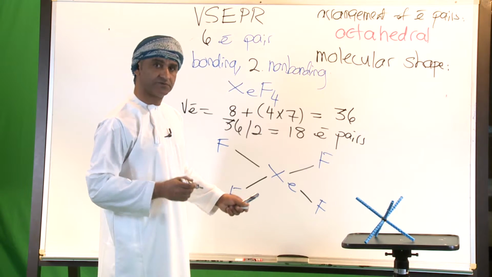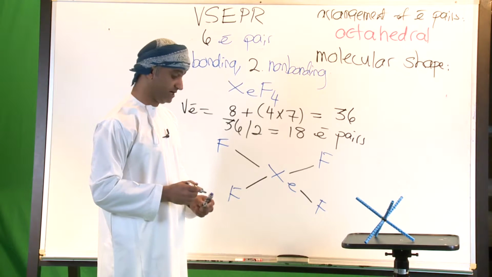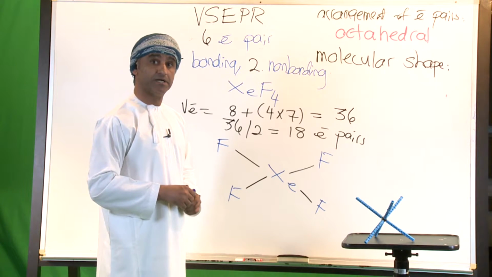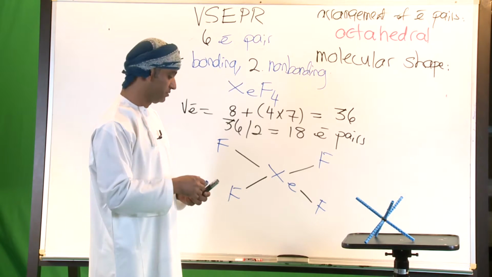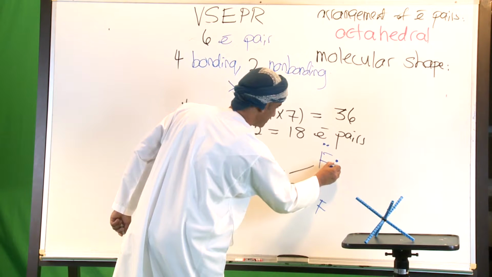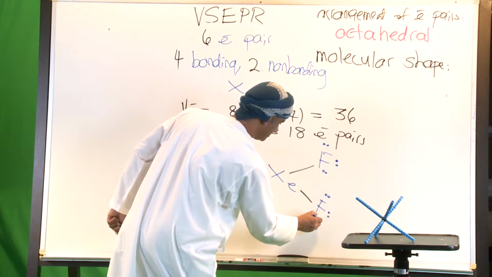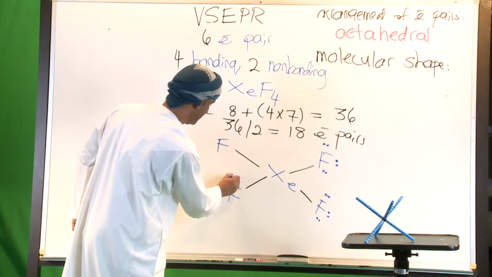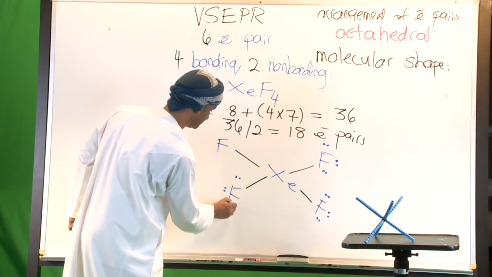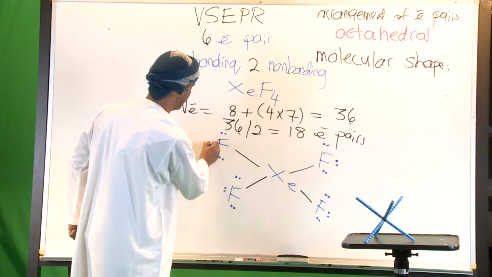Now, following the usual practice, each of these fluorine atoms so far is surrounded by 2 electrons. We need to make sure that they obey the octet, by making sure they are surrounded by 8 electrons. So we need to draw 6 more in addition to the 2 electrons already drawn.